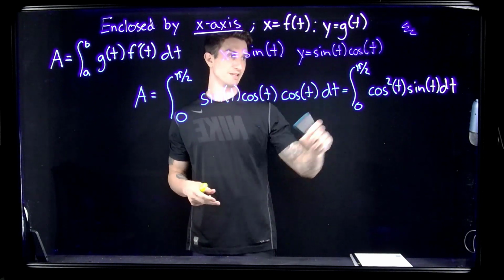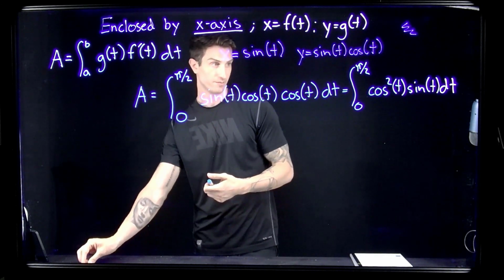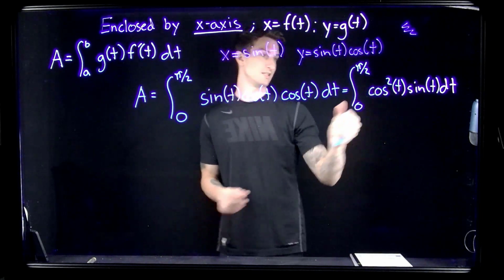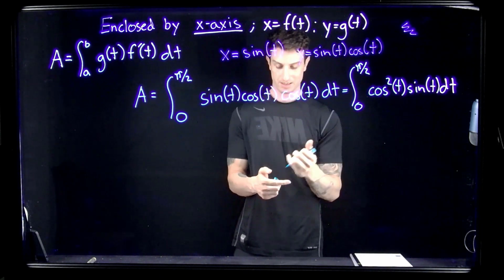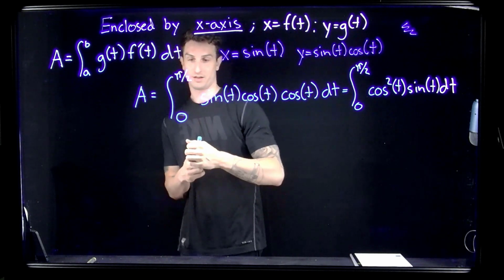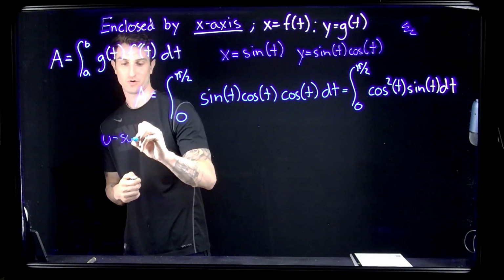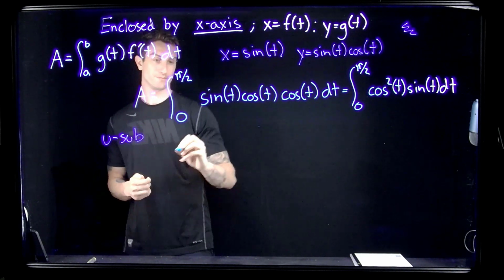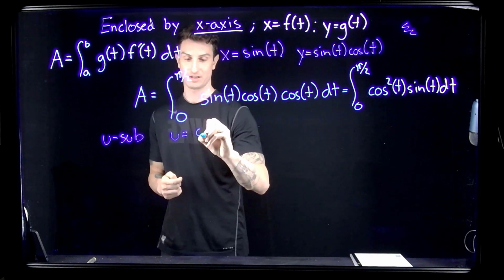Okay, so now we're looking at this integral. We need to recall all of our skills from integral calculus on which method to use here. So we have cosine squared sine of t. Hopefully it looks somewhat familiar. And again, this is the part that you might need to review, but we're using u sub. So I'm going to say u is equal to cosine of t.